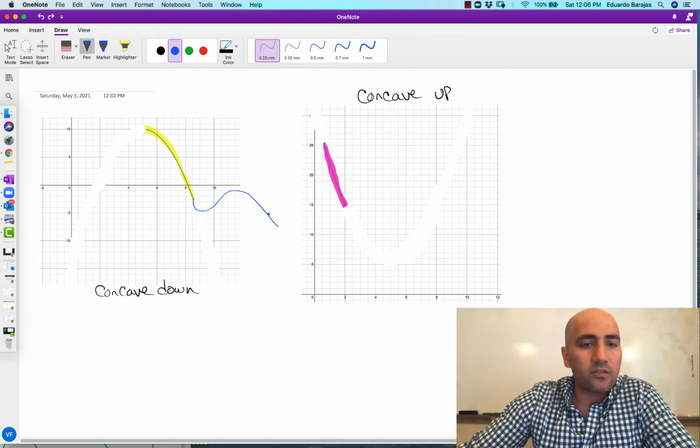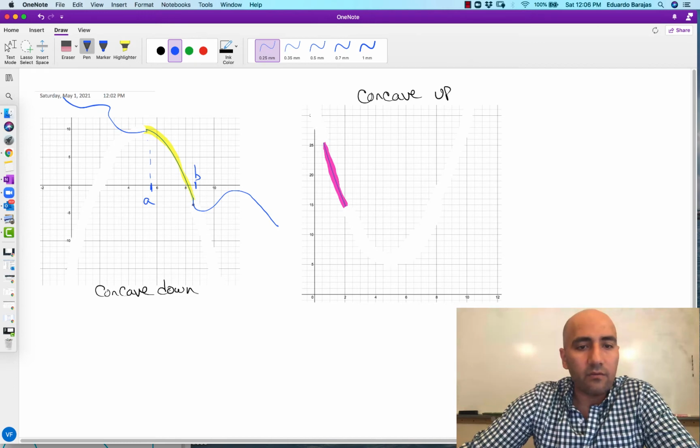Maybe it goes this way, and up here it goes that way. I don't know. It does other things. The point is that this little part here was part of that original concave down, so we would still say that this portion from here to here, let's say this is from A to B right here, that this little yellow part is concave down.